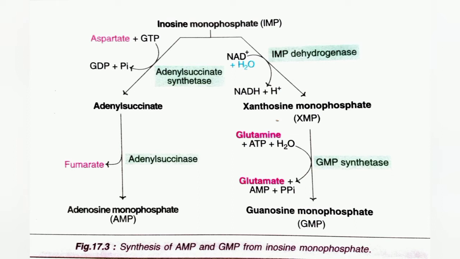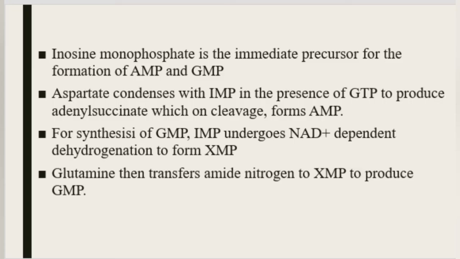So from IMP, AMP and GMP are synthesized. The details of this particular pathway will be given in the next slide. So let's look. Inosine monophosphate is an immediate precursor for the formation of AMP and GMP.